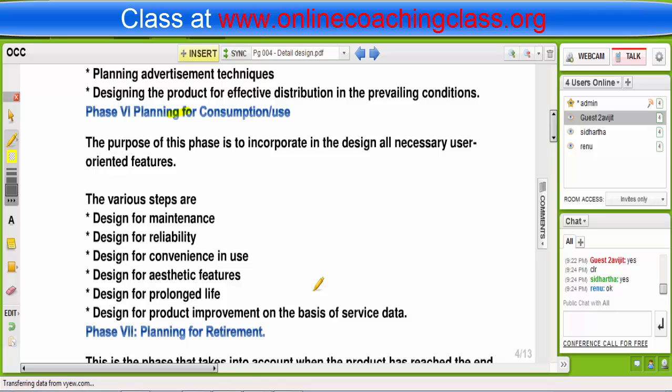Now see, your salesmen sell this product. Now the product is in the hands of users. Now what should you look at? How to maintain the product? How do you give the after sale maintenance? How reliable is your product? How easy to use or user friendly you may say? How does it look? Aesthetic features mean how it looks.